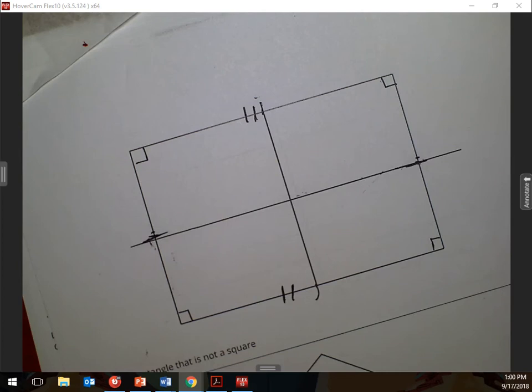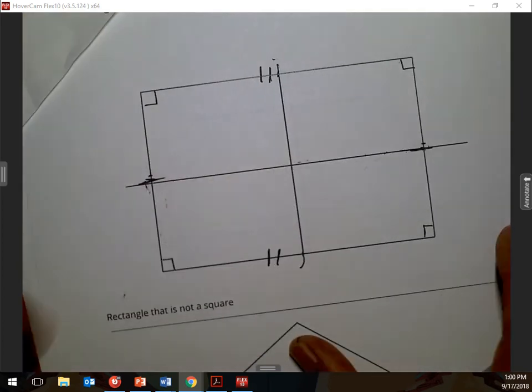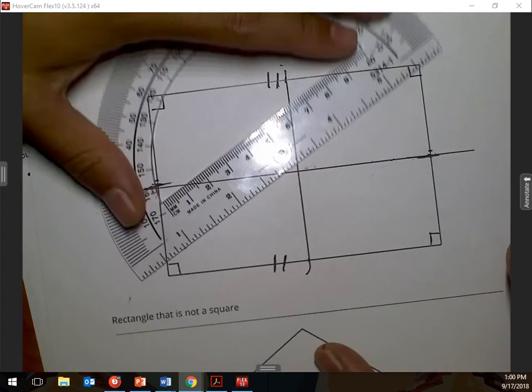Now, I need an example of a non-line of symmetry. Diagonally, right?